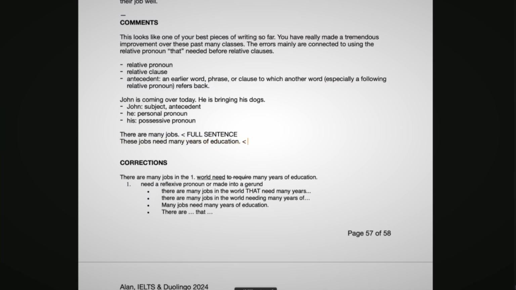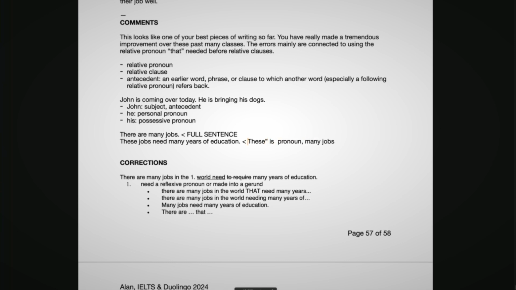So for the education, these is the pronoun. Many jobs. These is a pronoun, maybe a demonstrative pronoun.